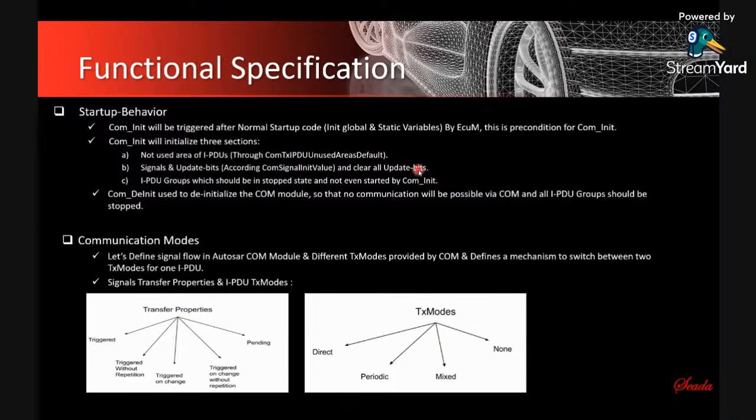This is a configuration parameter; you do it through the configuration tools, okay? And you also have to clear all of the signals by replacing them with a com signal init value if it exists, and the update bits. They all have to be cleared, and we're going to know what's the usage of the update bits also, okay? And at the end, of course, IBDU groups, as we talked, are initially stopped. So they should be in the stop state in the com init and not even started.